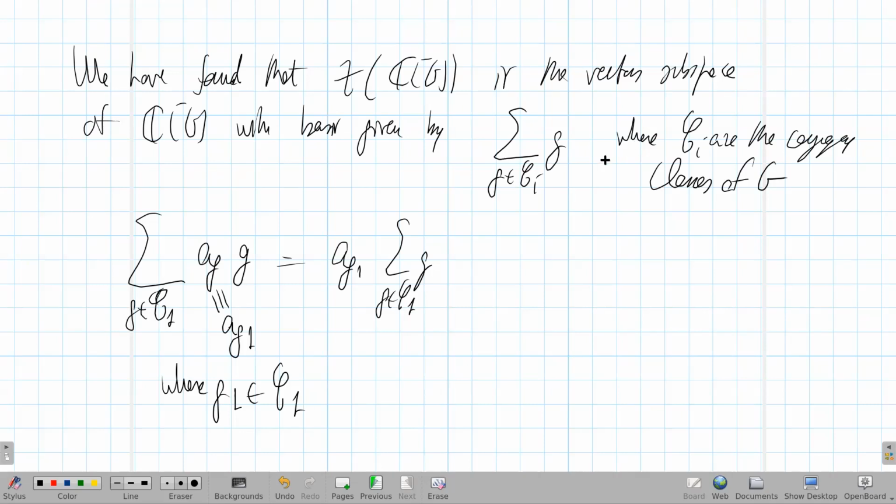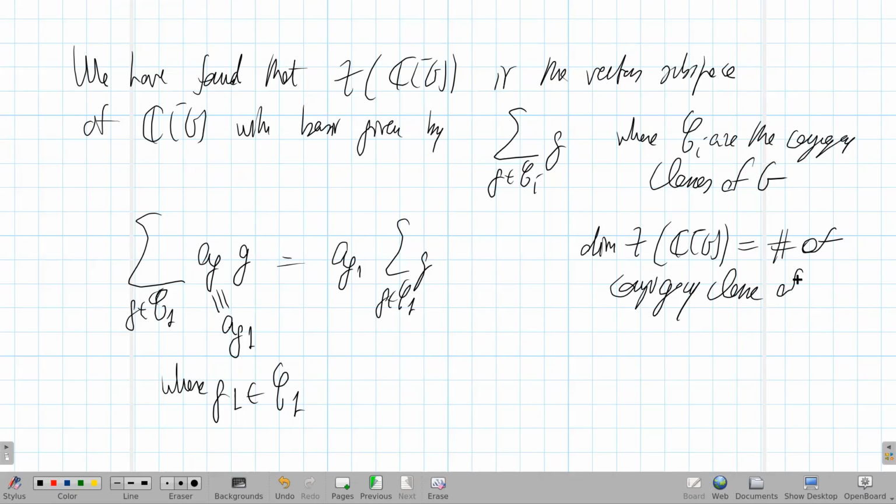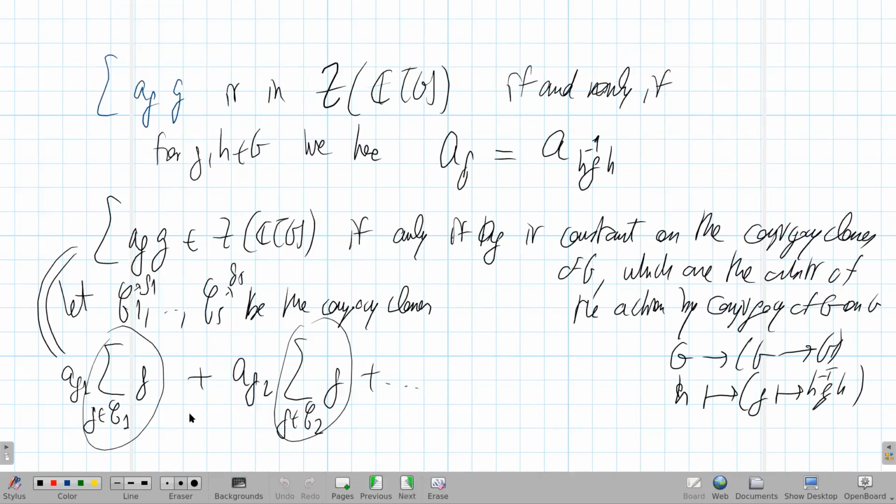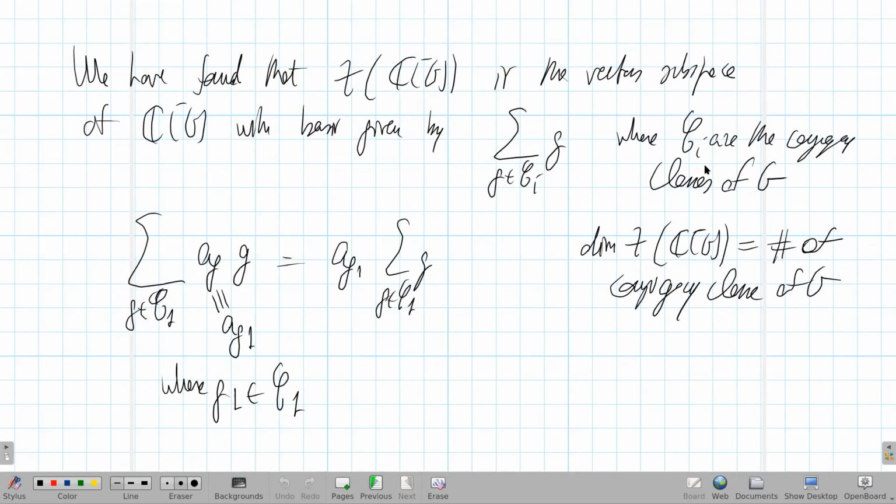So what we have found is that the dimension of the center of CG is equal to the number of conjugacy classes of G, because it's immediate to see that these are linearly independent, since they have different G elements here. Every element is a linear combination of these elements, so a basis is given by the sums of the conjugacy classes.